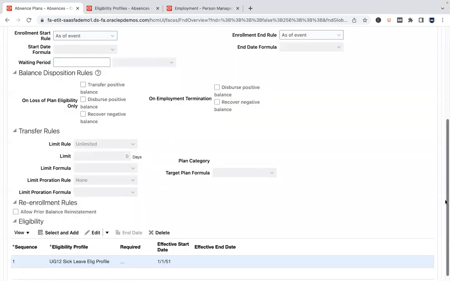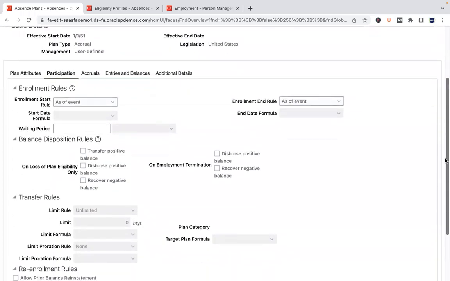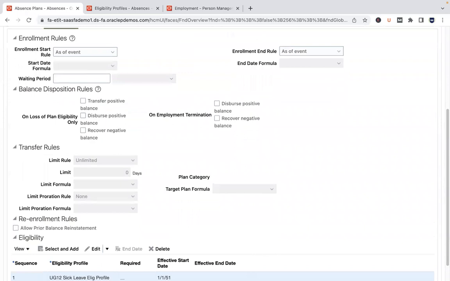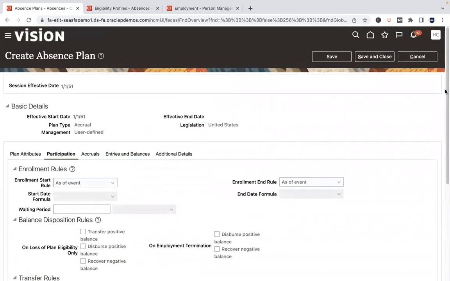Since we have attached that eligibility profile to the sick leave plan, this would ensure that only full-time regular employees who are on active payroll become eligible for the sick leave plan that we are defining.